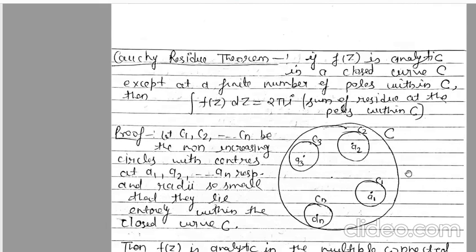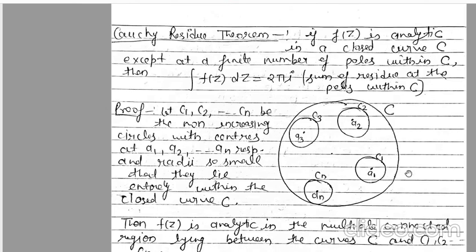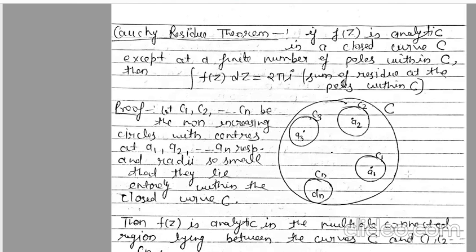Now this is a very important theorem, Cauchy residue theorem. So today I will discuss Cauchy residue theorem, and the proof is not in your syllabus. Cauchy residue theorem is without proof, right? But I will discuss the proof of this theorem. So let's begin.